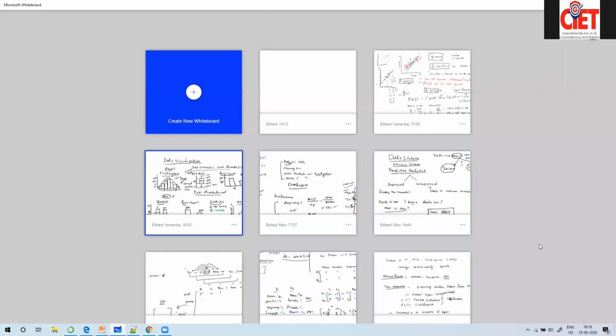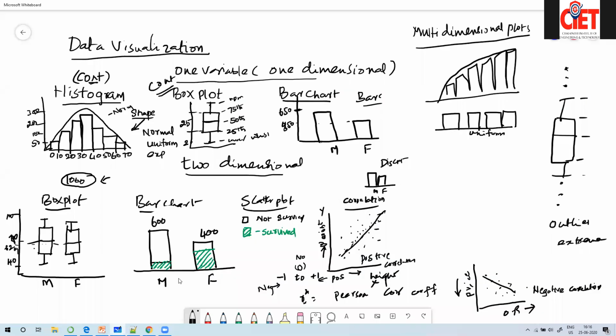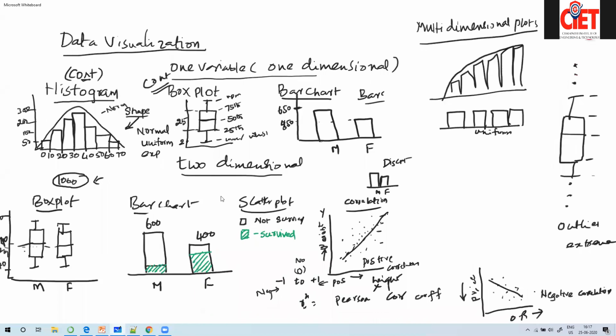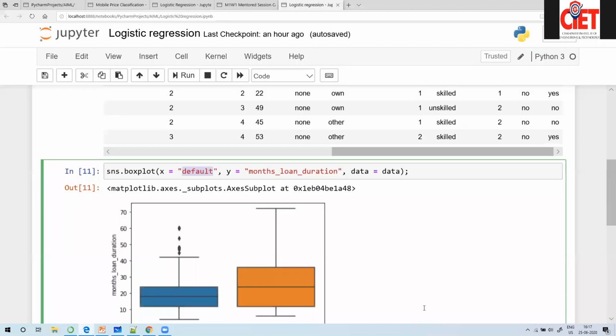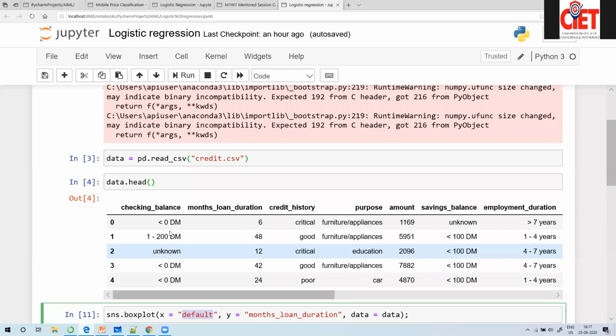If you remember our graph section, for two discrete variables we used a bar chart, for example gender separately, survived and not survived. If we take the Titanic example, we want to see if the ratio of people who survived is the same across categories. Here, we want to see if the ratio of people who have defaulted is the same across different categories of checking balance.